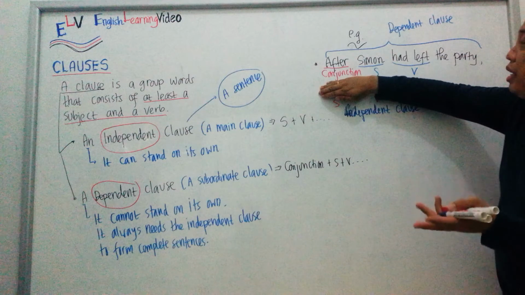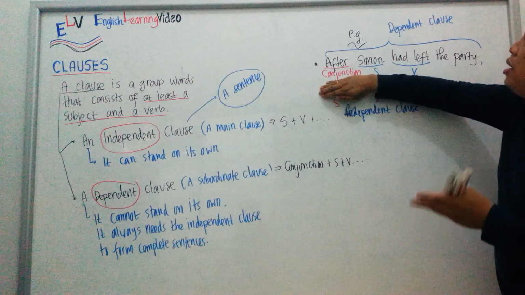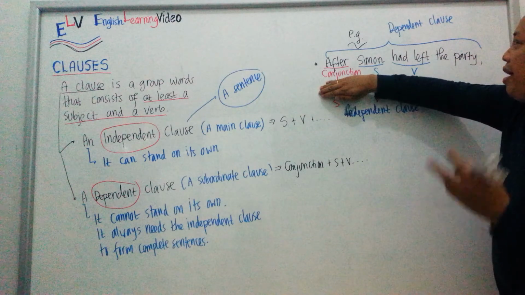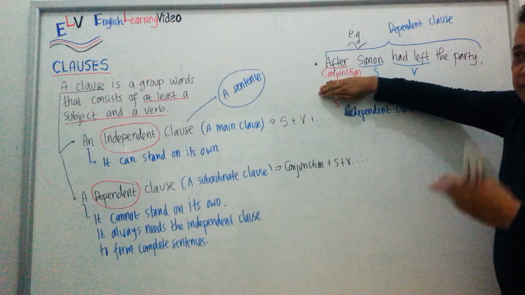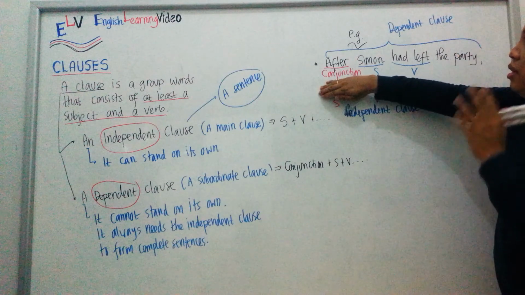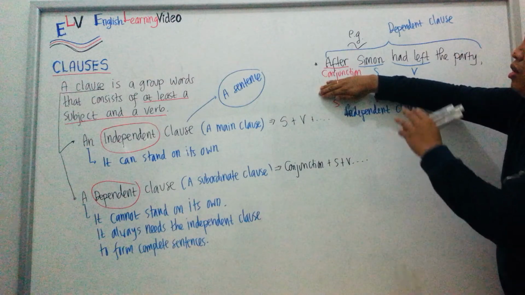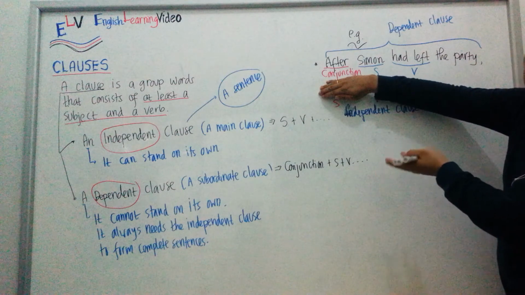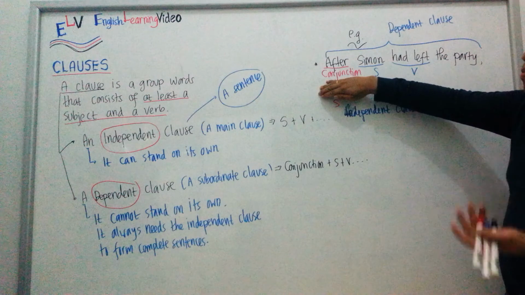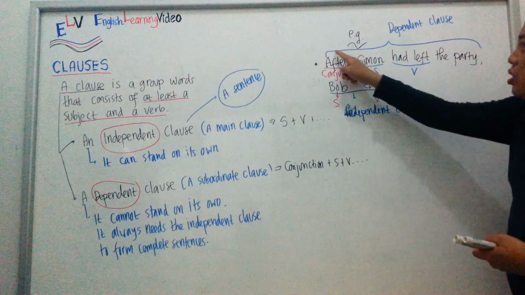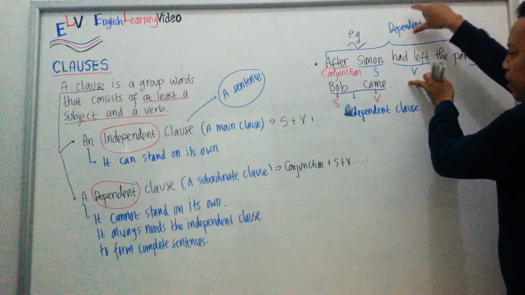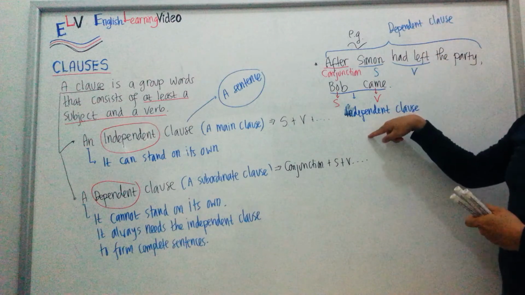Of course, the meaning is not fully completed. Imagine that somebody comes to us and says, after Simon had left the party, then he goes away. Of course, there's a question coming to our mind. Something should be completed in order for this sentence to be understandable. So after Simon had left the party is simply a dependent clause. Okay? So this conjunction, once again, makes this clause dependent on the independent clause.